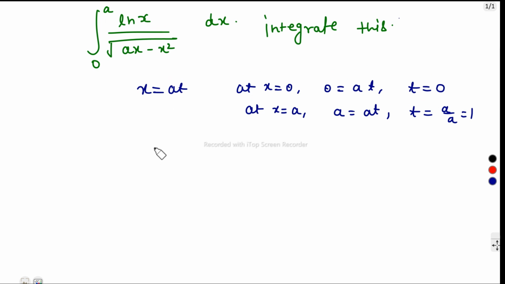Also, on differentiating both sides we get dx equals a times dt.